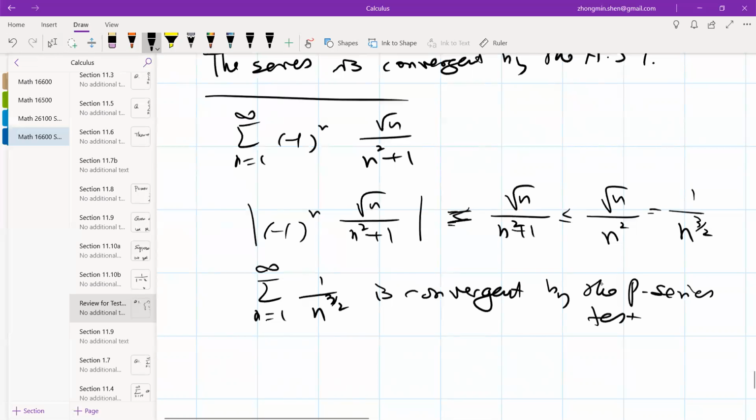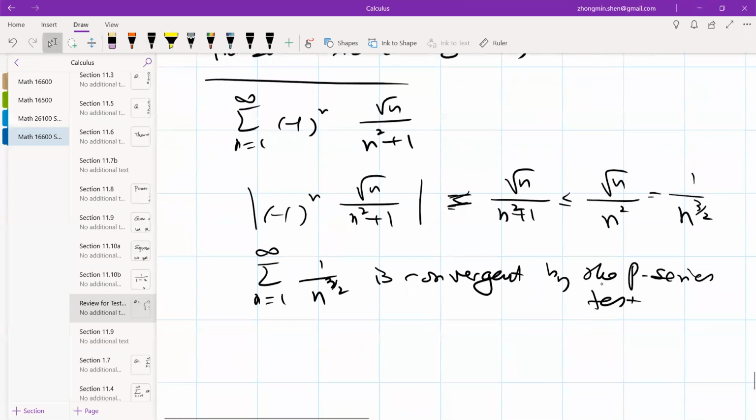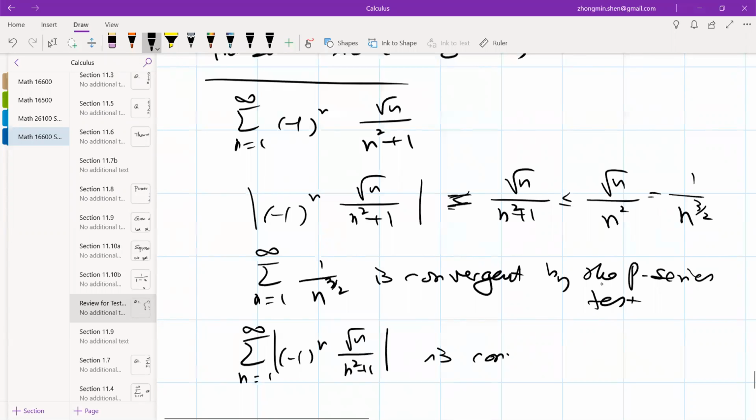Then that implies you cannot apply the comparison test directly to the alternating series. Now you can conclude that this is convergent. Why can you apply the comparison test?